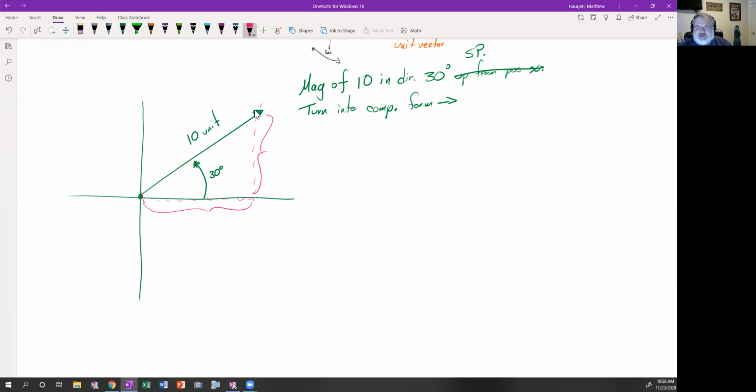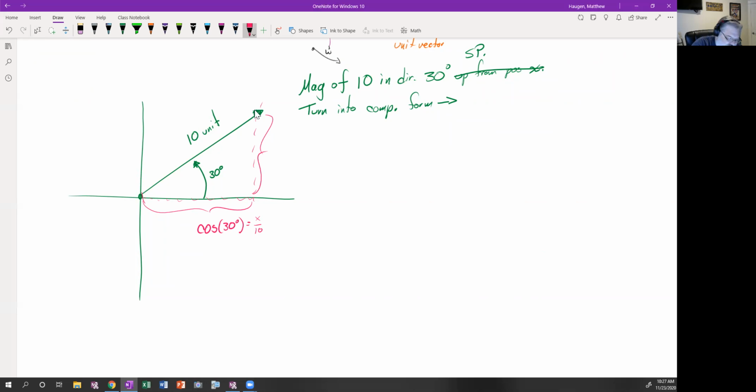Well, we've been doing things like that for weeks and weeks, right? We know that this x value, we associate with the cosine of that angle. Now, the cosine of that angle is going to equal that x value over the radial value, right?